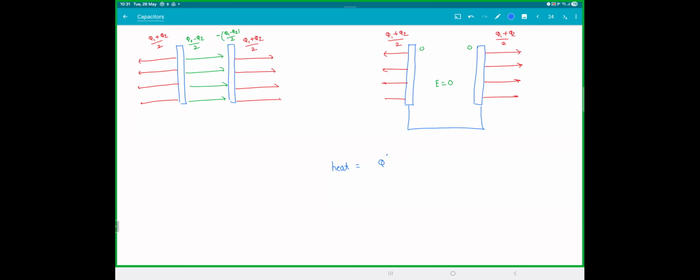Q square by 2C. So here Q is Q1 minus Q2 by 2, whole square by 2C. That's your answer. Q1 minus Q2 whole square by 8C. So all the energy stored between the plates, that is the energy stored in the capacitor, becomes heat.